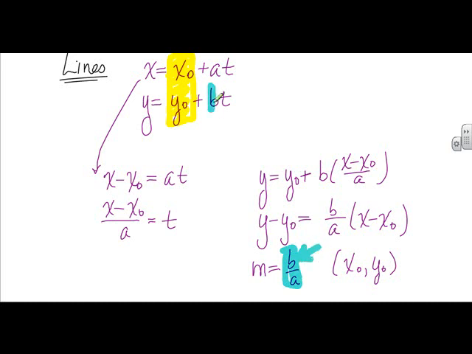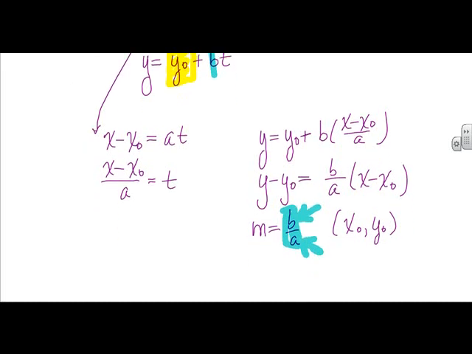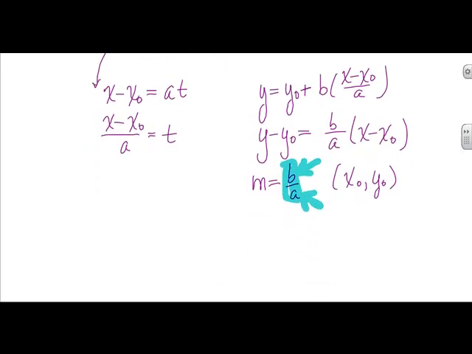The bottom is going to be the coefficient of t that's going to go in the x equation. So you can go both ways with that. If you're given a point and a slope, you can write the equations. Also, if you're given a pair of parametric equations, you can describe that line.